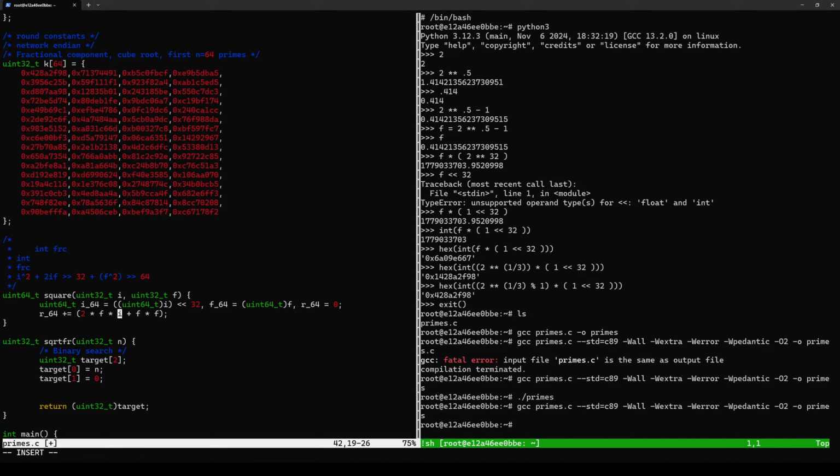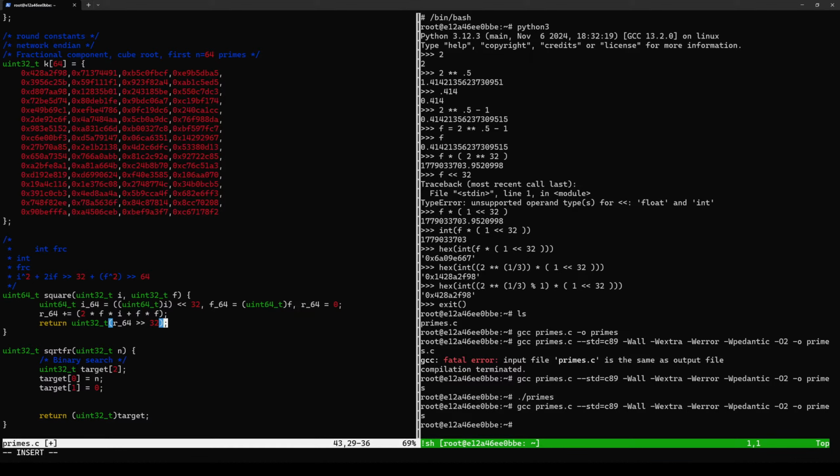These things are all of approximately the same size. Then I'm going to return the uint32_t of R64 shifted over by 32 bits. And so that will give me a value that is going to be the fractional component of the square value or something, right?